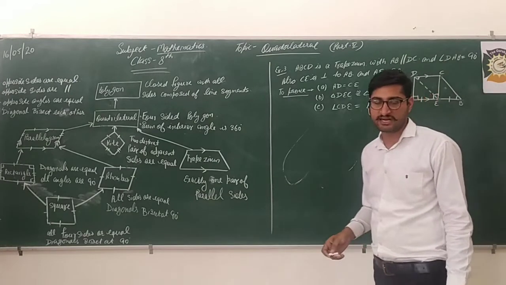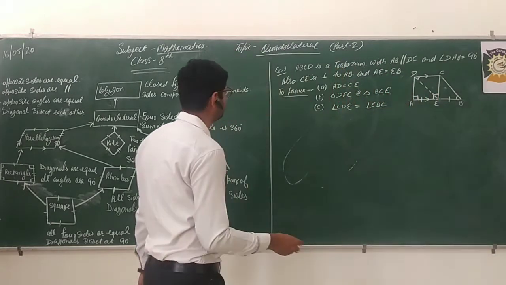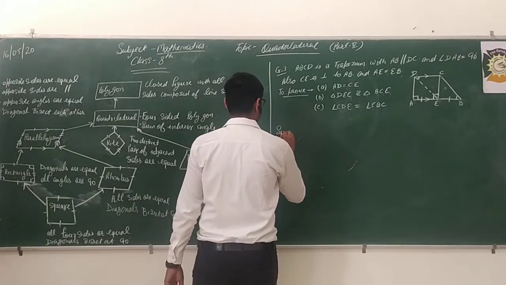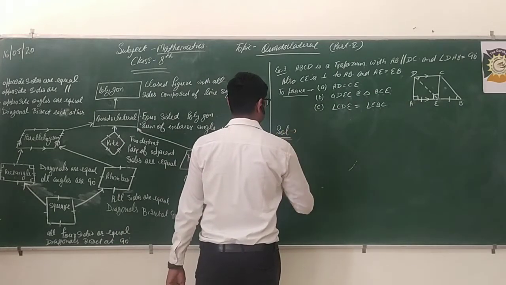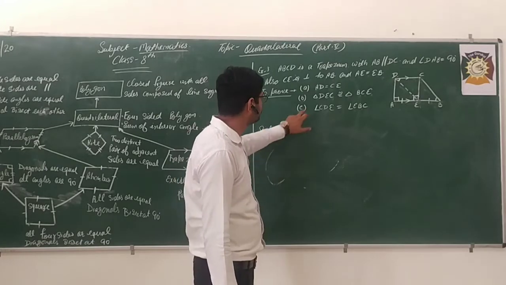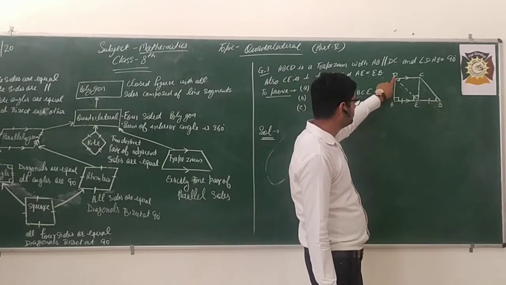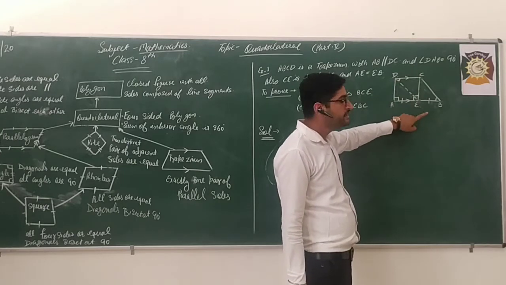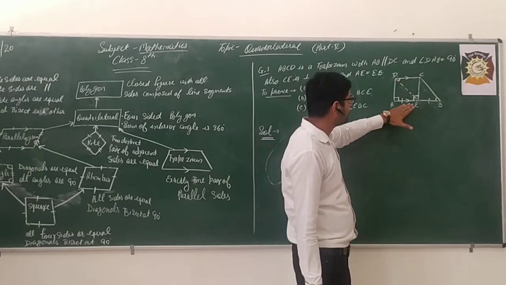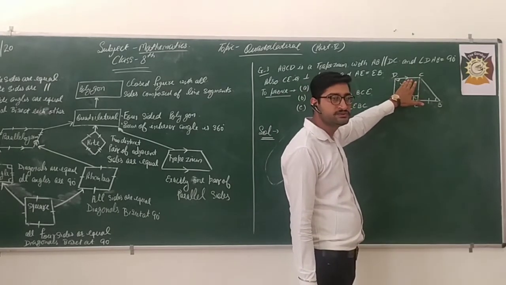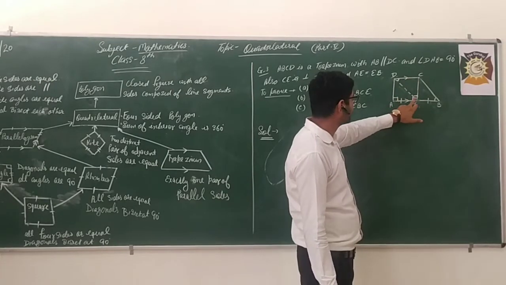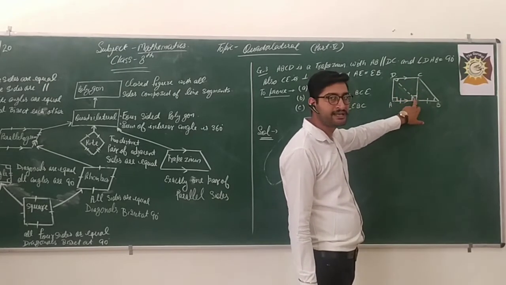Okay, so let's start this question. First of all, we have to prove that AD is equal to CE. You can see that this side is parallel to this side, and these angles are given 90 degrees.